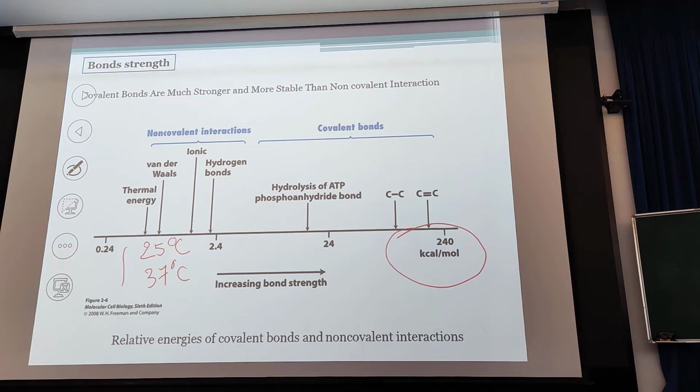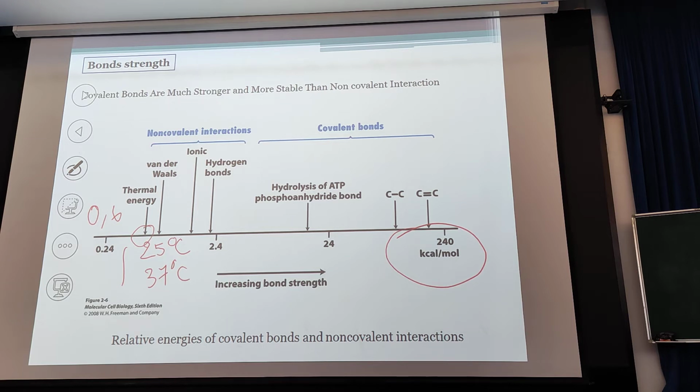Here, it takes approximately 0.6 kilocalorie per mole to break in the thermal energies. However, to break the covalent bond, it takes 240 kilocalorie per mole. So that's why the covalent bond is quite stable.